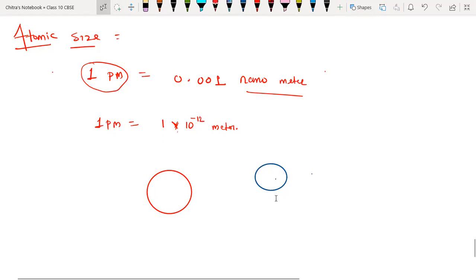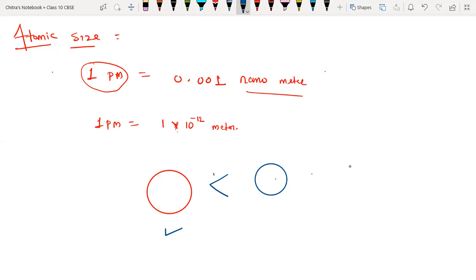Which one is smaller of these two? Sir, the blue one. How come? It appears smaller. If I would say the large one is small and the blue one is large, we cannot say that.